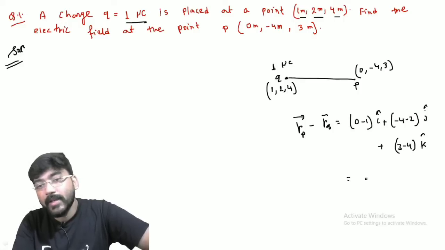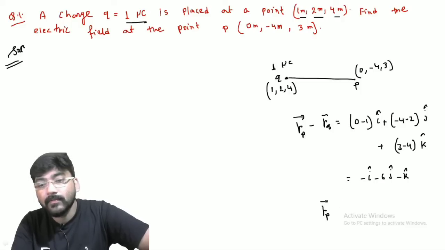So it will be minus i cap minus 6 j cap minus k cap. This will be rp minus rq. And what will be the mod of rp minus rq? It equals root of 1 square plus 6 square plus 1 square, that is root 38.